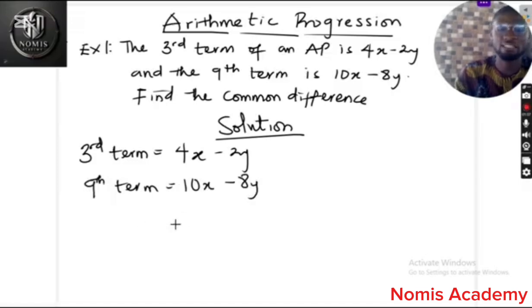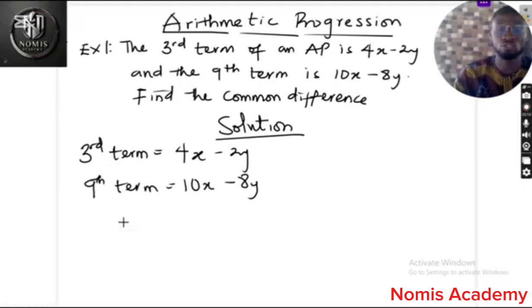So how do I get the common difference between the ninth term and the third term? Supposing we had consecutive terms, I would have just said fourth term minus third term, but we have two unknowns in that manner. Therefore, all we need to do is to equate it to what the formula is supposed to be originally from arithmetic progression.